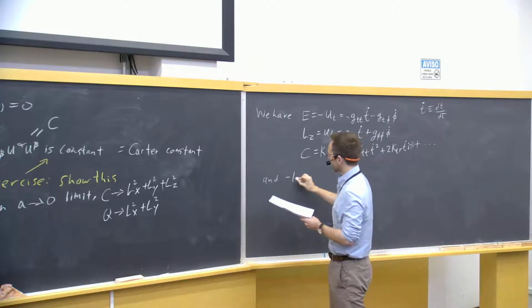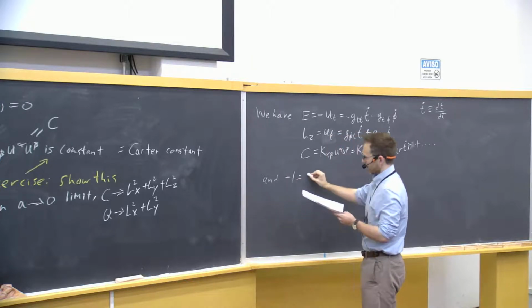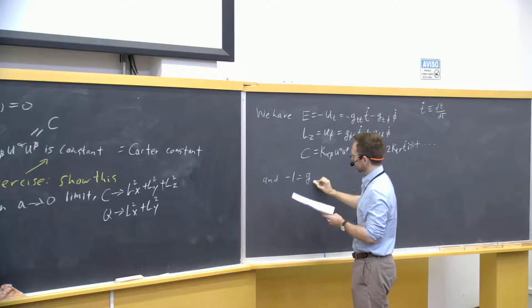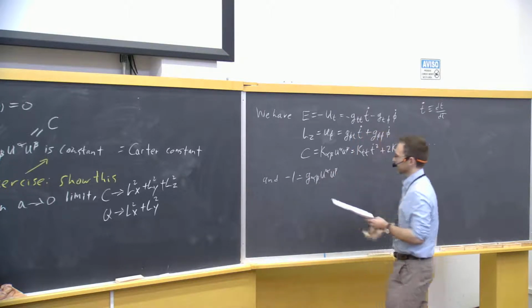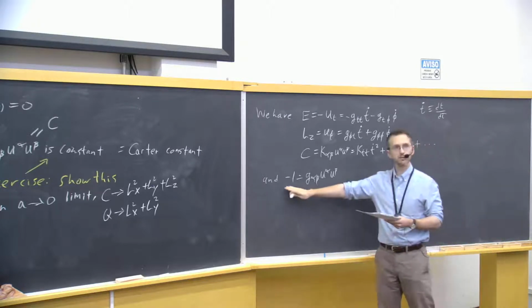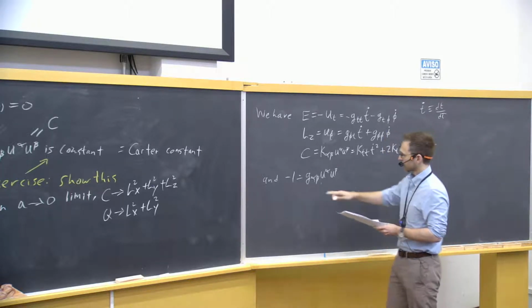And we have that proper time is defined such that U alpha contracted with itself gives us minus 1. So that's another constant of motion.